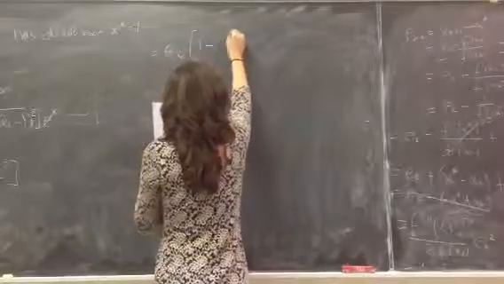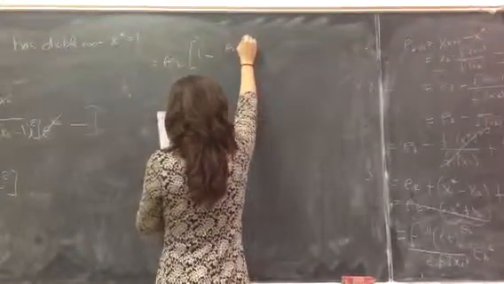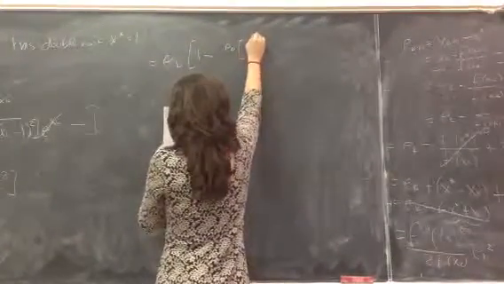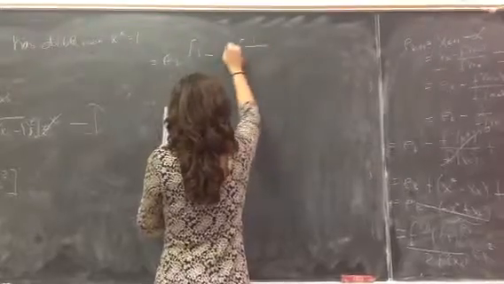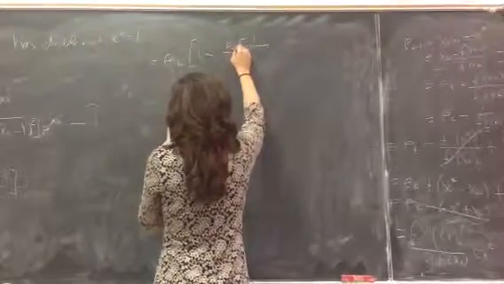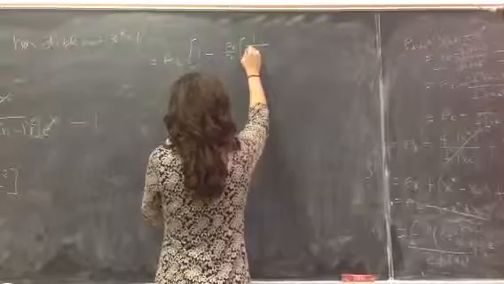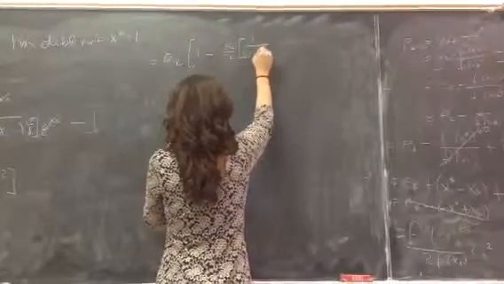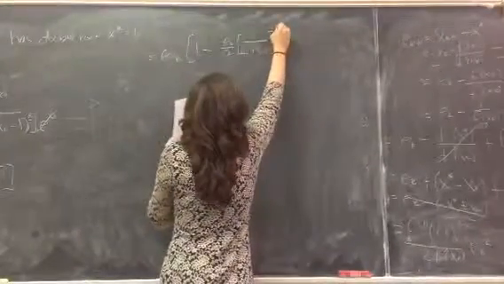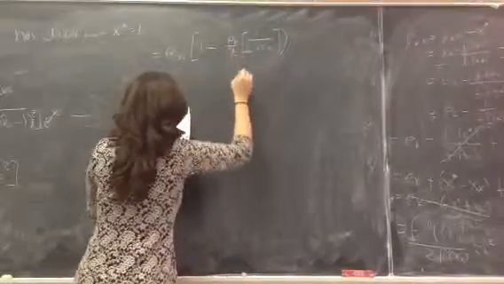Now I'll pull the e_k out of the numerator and denominator of this fraction, and that leaves me with 1 over 2 plus e_k. So now I can cancel those.